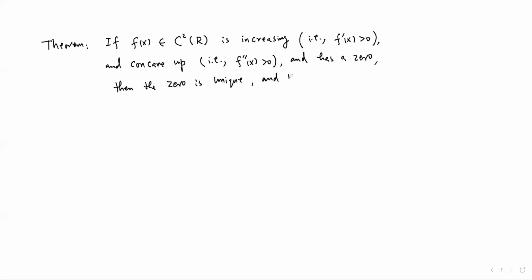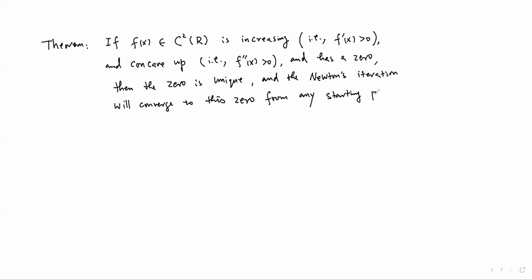And the Newton iteration, Newton's method, will converge to this 0 from any starting approximation, starting point x0.